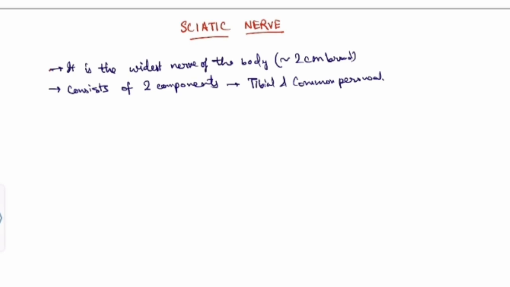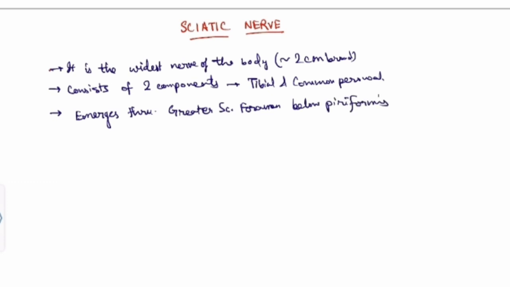Now you can also mention the root values of the tibial and common peroneal components, but I am not mentioning them, because I will repeat them in the tibial and common peroneal nerves, where I want to be specific. I don't want to be specific here right now. It emerges through the greater sciatic foramen, below piriformis. I hope you remember the relations which I have taught.